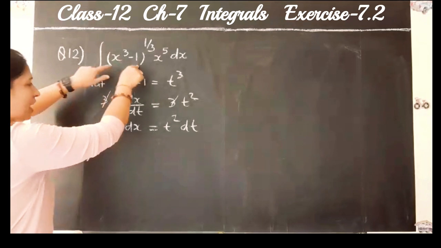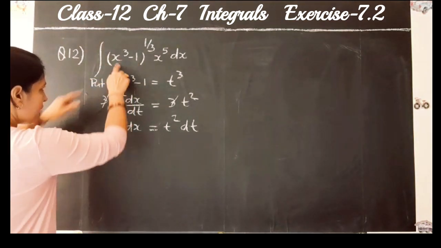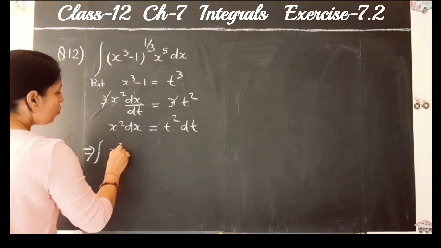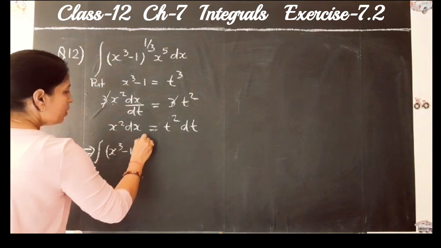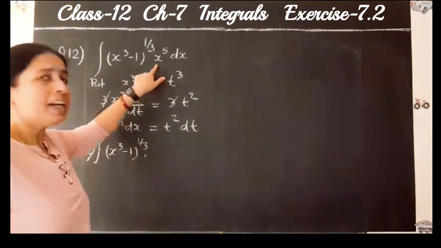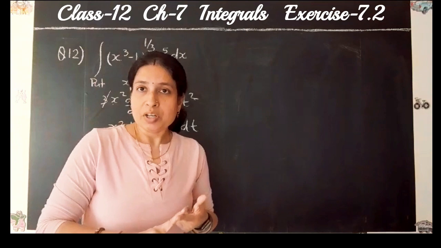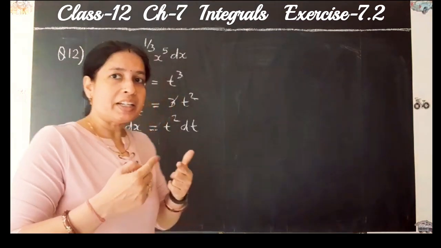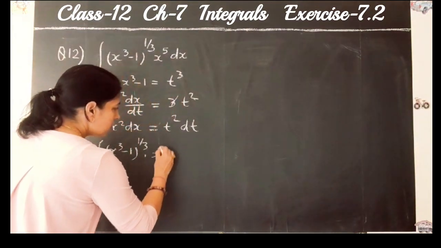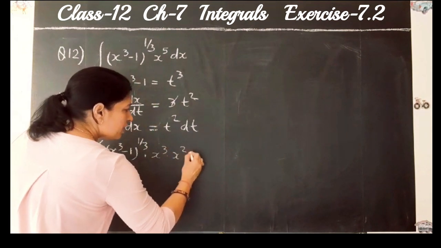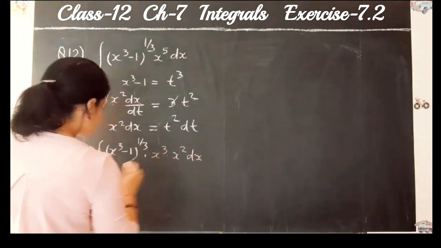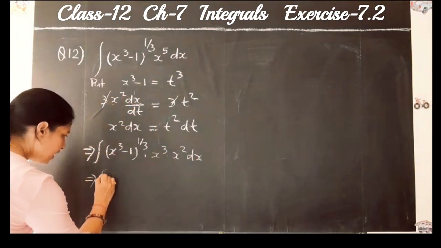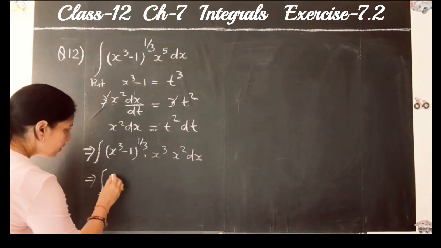And we can write this integral as, first write this one, x cube minus 1 to the power 1 by 3. And here it is given x to the power 5, so x to the power 5 can be written as x cube into x square dx. Then we can write the integral.